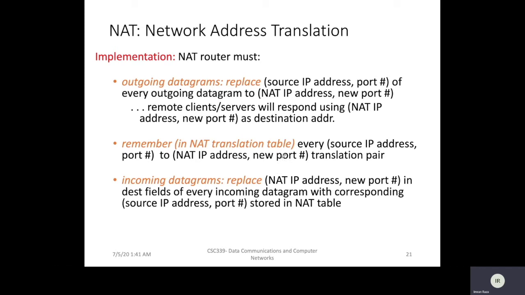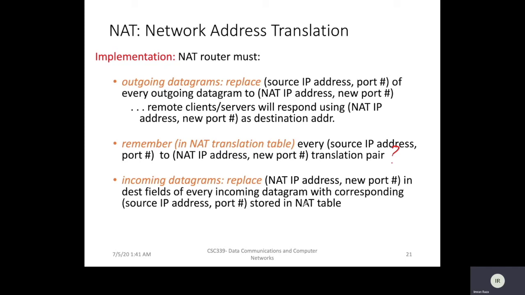So it's a pair. We'll see how it works. I'll leave it with a question mark. Every incoming packet replaces the NAT IP address and new port number in the destination field of every incoming datagram with the corresponding source IP address and port number stored in the NAT table.